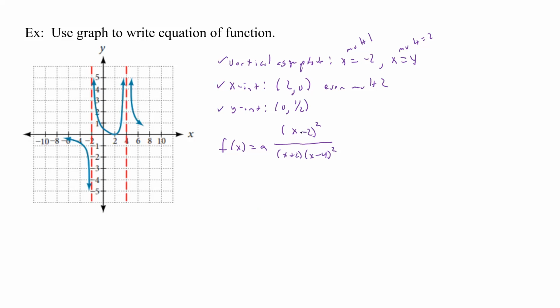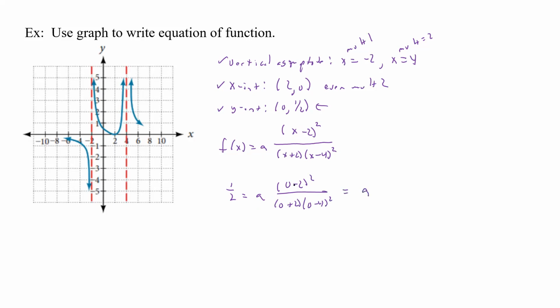Okay. Now we have to solve for a. So we're going to use our y-intercept to do that. So y is 1/2 equals a, and then we're going to plug in 0 for all those. So it's going to be a times (0 minus 2) squared over (0 plus 2)(0 minus 4) squared. And so we simplify that.